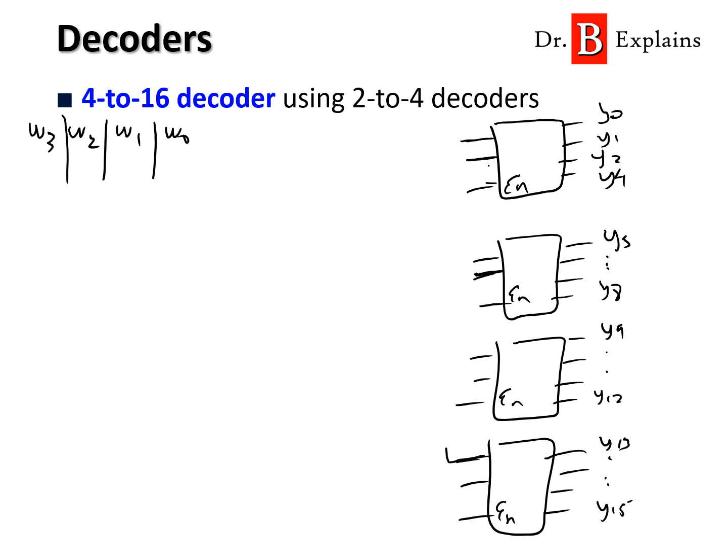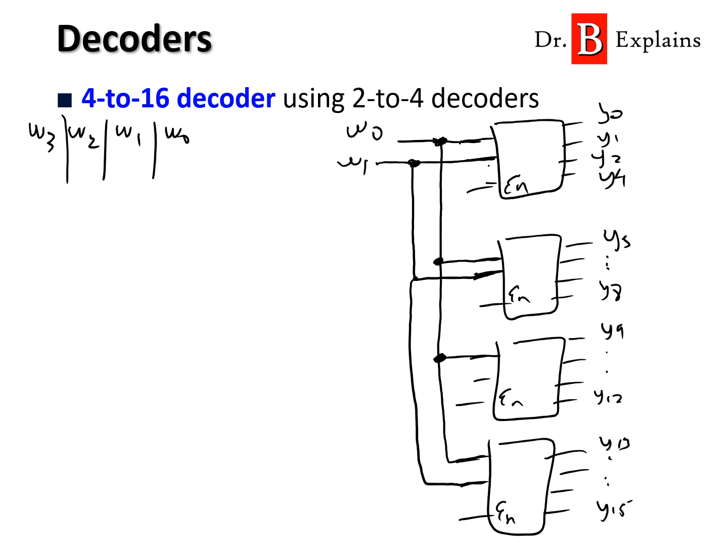All the W0s are going to be connected to this W0, and then W1, and then these enables are going to be controlled by what?